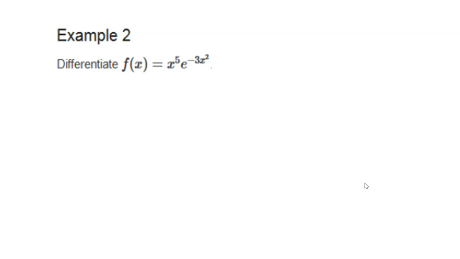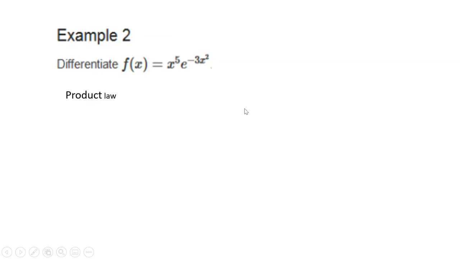This time, we're talking about a product. So we're going to treat this like we treated every other product for differentiation: u dv/dx plus v du/dx. If you remember that from our stuff with regular derivatives, that should hopefully make sense.